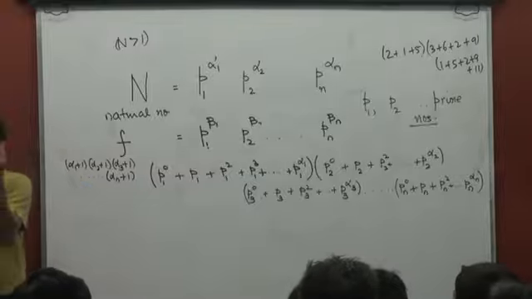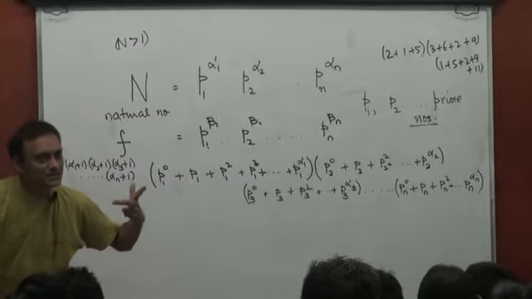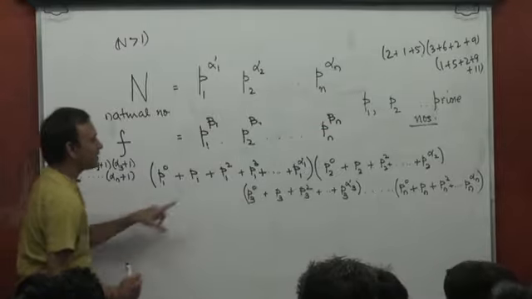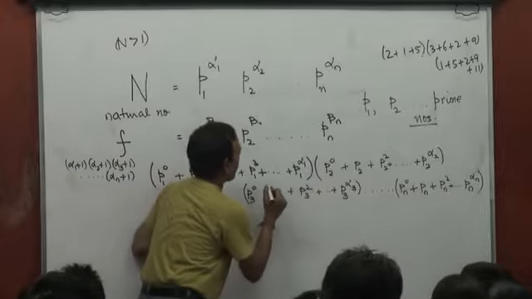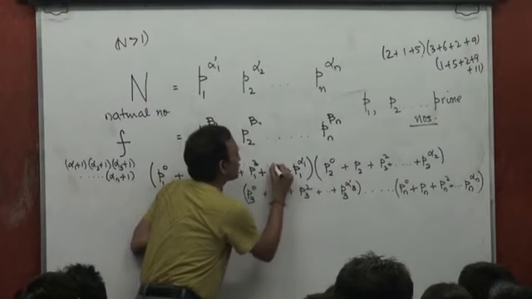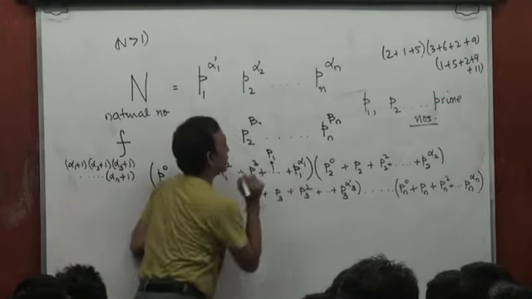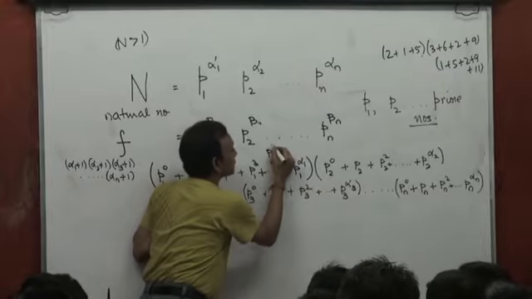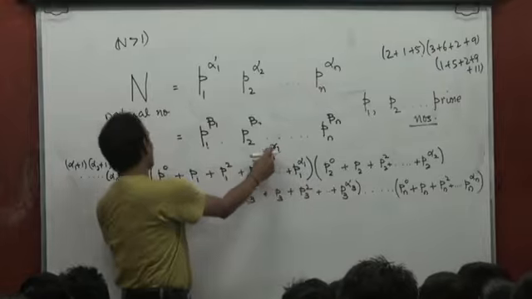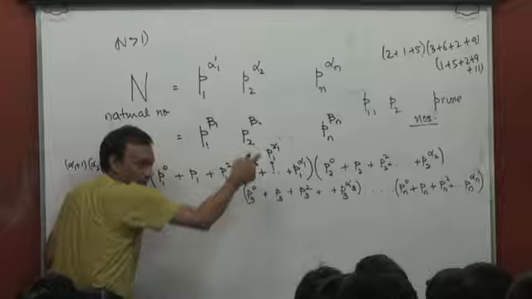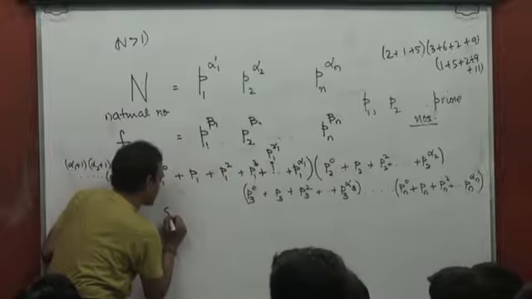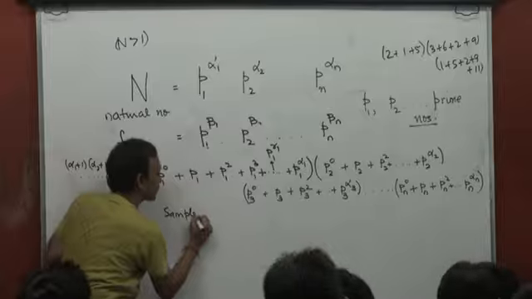And now look at any sample term. Let's say I take a term from here, P1 to power gamma 1, where gamma 1 can assume any value from 0 to alpha 1. A sample term in this product.